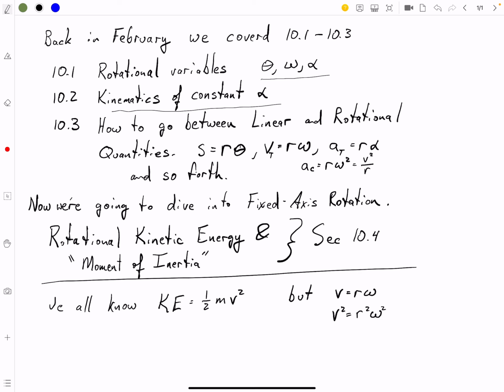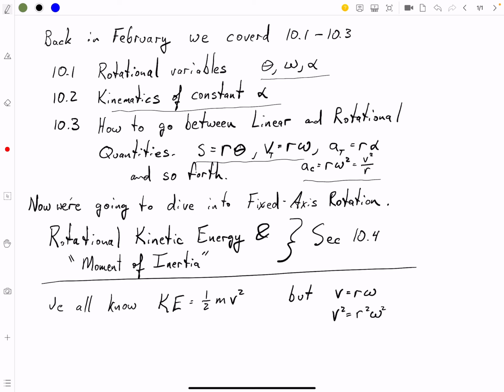So we did that. We did a lot of problems on these things. And 10.3, how to go between linear and rotational quantities. So these equations here. And also we were talking about centripetal acceleration, of course, and so forth. All those things we've done.